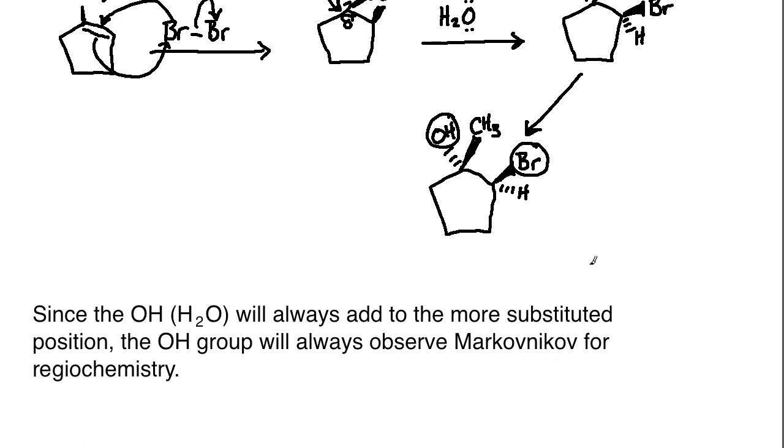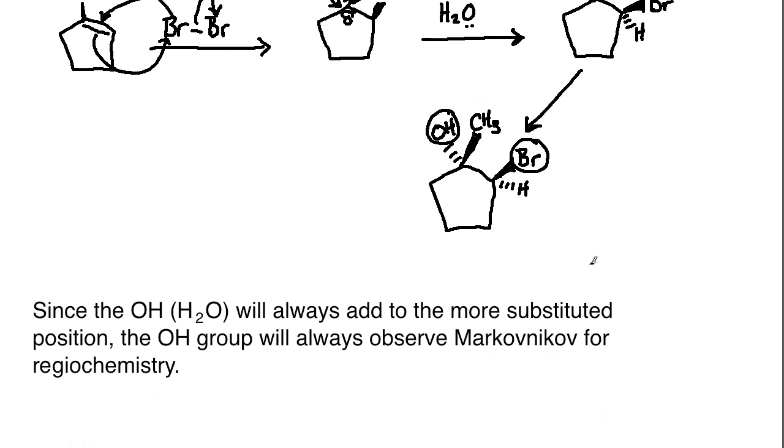Now, one other point that I want to make here is that because the OH will always add to the more substituted position, the OH group will always observe Markovnikov for the regiochemistry. So that is to say the alcohol group will always add to the more substituted position when we are dealing with this reaction. Okay, now this is a bit of a shorter video.